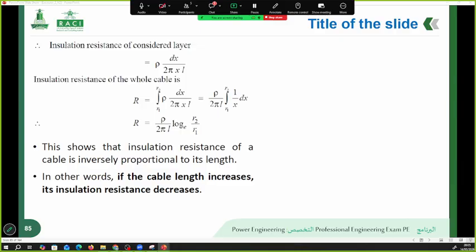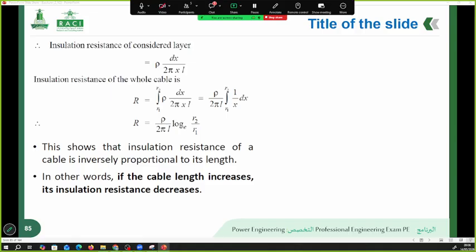In this specific geometry, the leakage current flows radially outward, and the cross-sectional area it encounters is the surface area of the cylindrical layer, which is A equals 2πxL.